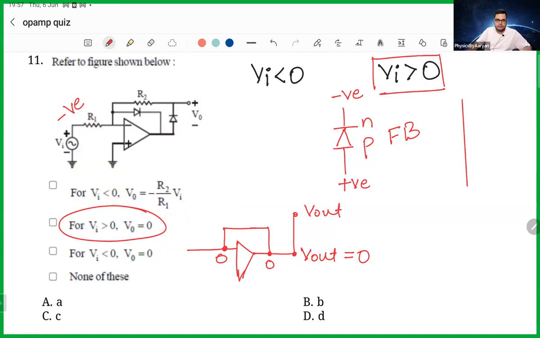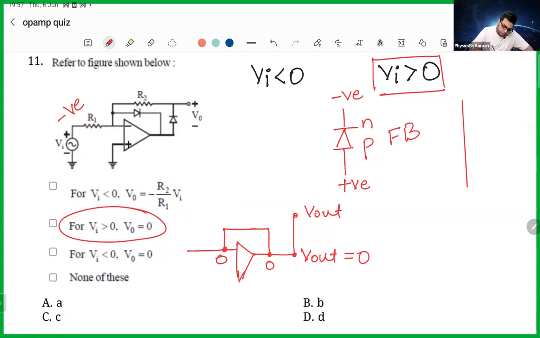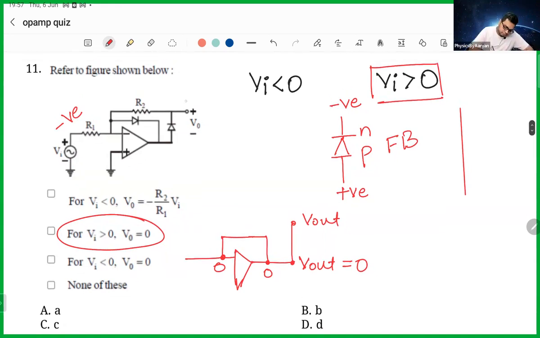If I give the initial voltage as negative, then my output will become positive, because the non-inverting terminal will reverse it.